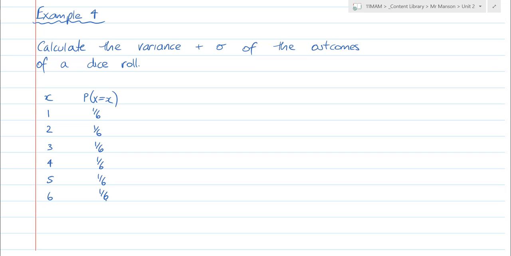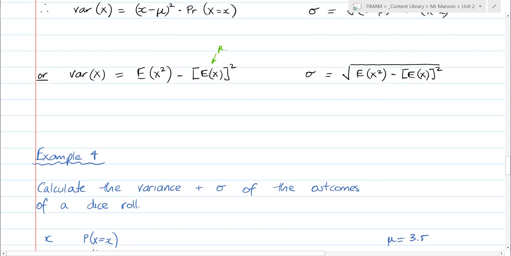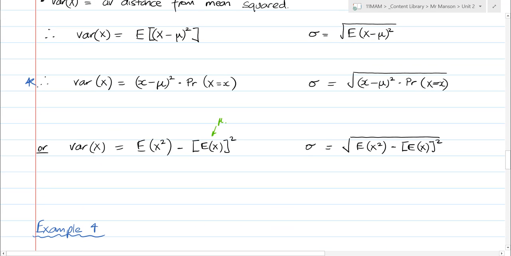Second, though, to calculate the variance and standard deviation, we need to first recognise what the mean is. What's the mean of this? 3.5. We calculated that earlier in example 1. So now I'm going to model this second formula.